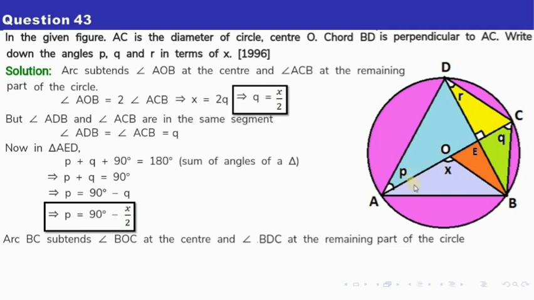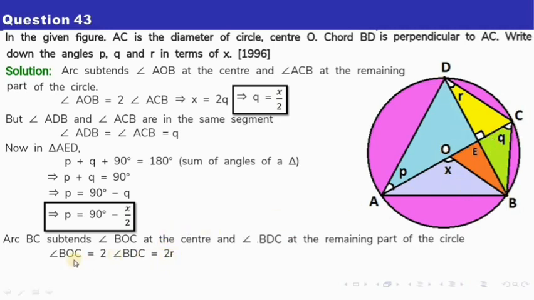Now this BAC is not given, so I'll go for BDC. So it is written arc BC subtends angle BOC at the center and BDC at the remaining part of the circle. That means this angle will be double of this. So BOC will be double of this one, that is 2R.